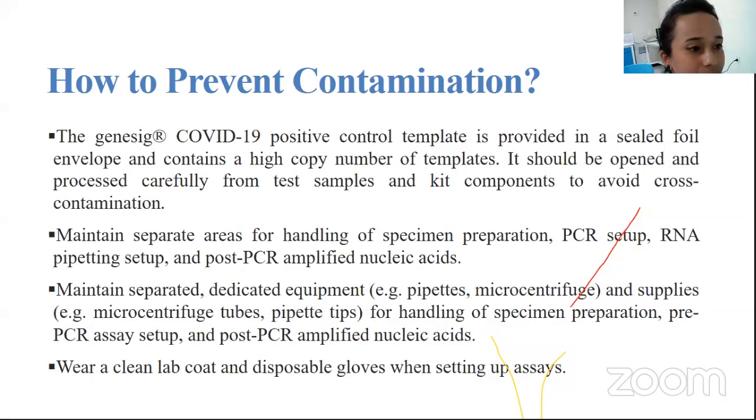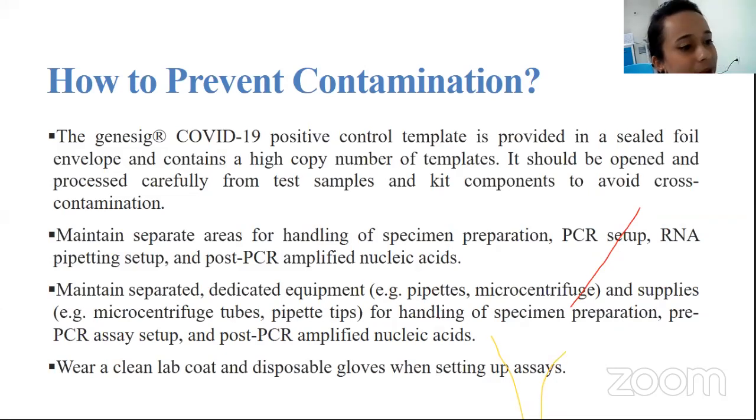The positive control template, as I have mentioned and emphasized earlier, can be one of the major sources of contamination, and it should be handled really carefully. It should be opened and processed carefully away from the test samples and other kit components to avoid any cross-contamination. Also maintain separate areas for handling of the specimen preparation, PCR setup, RNA pipetting setup, and post-PCR amplified nucleic acids.